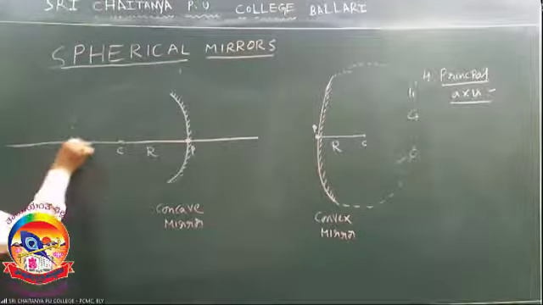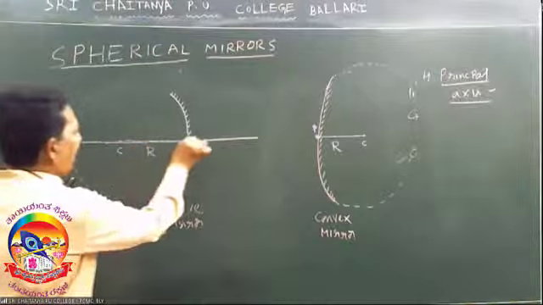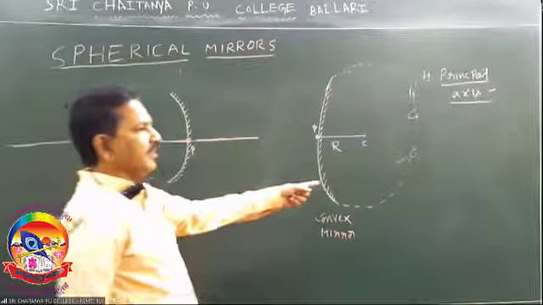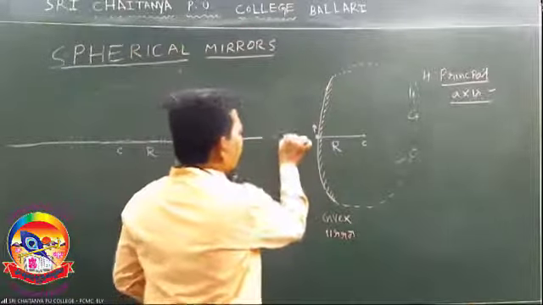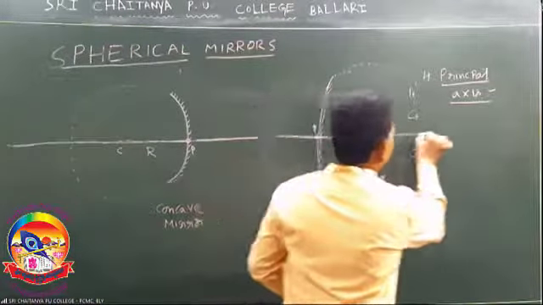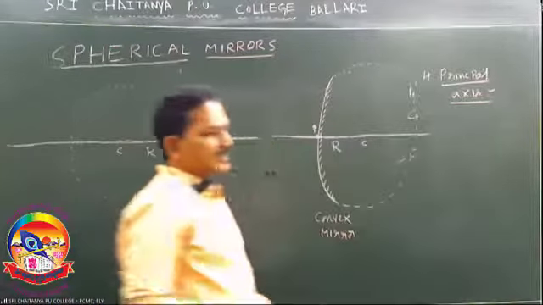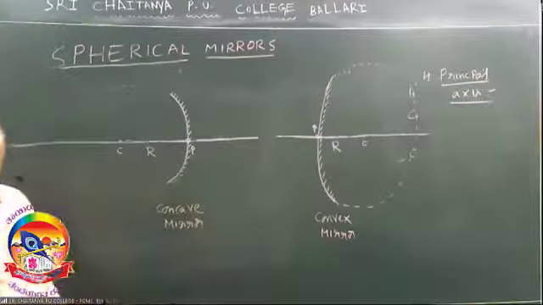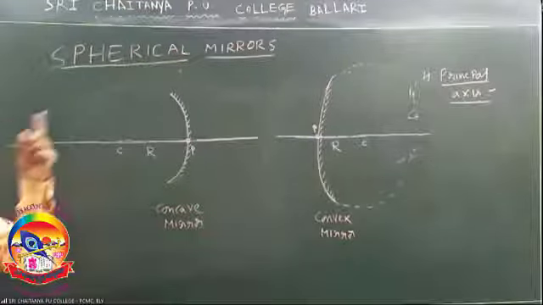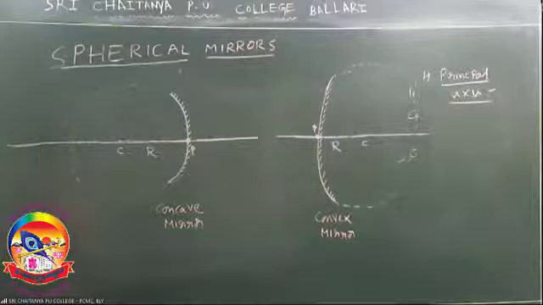In this diagram also, the straight line which is passing through the center of curvature and the pole of the mirror is called the principal axis. We can take the principal axis from minus infinity to plus infinity.